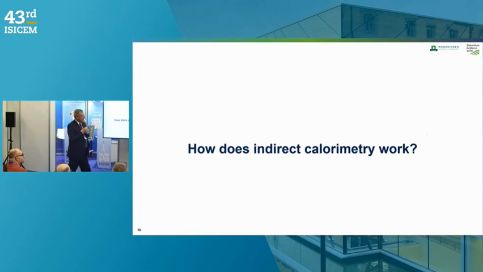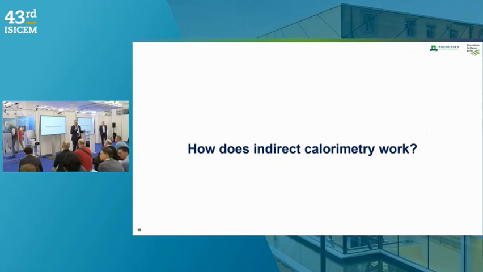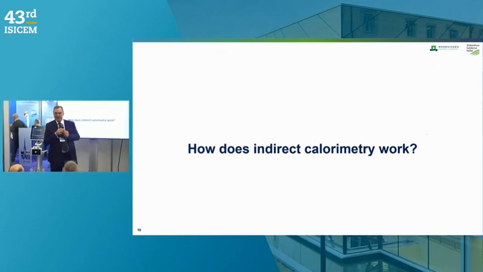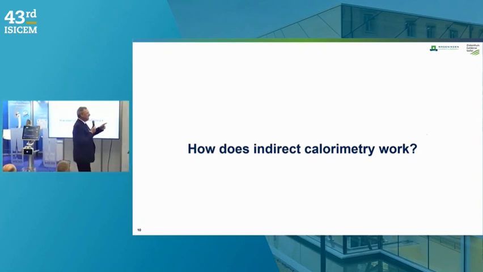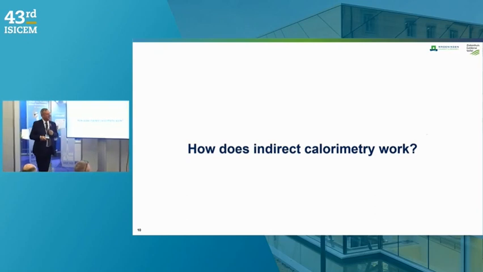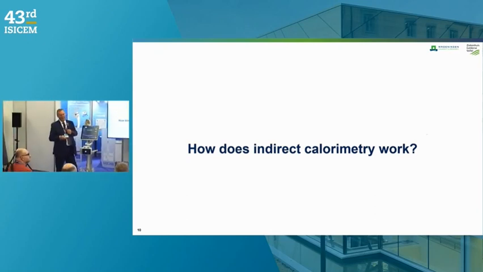Now, how does indirect calorimetry work? Anybody? How can we use this device to predict the energy expenditure? What is the technique? Okay, something with VO2 and VCO2. Can you help us, Horst? What is it about? We are measuring the consumption of oxygen and the producing of CO2.